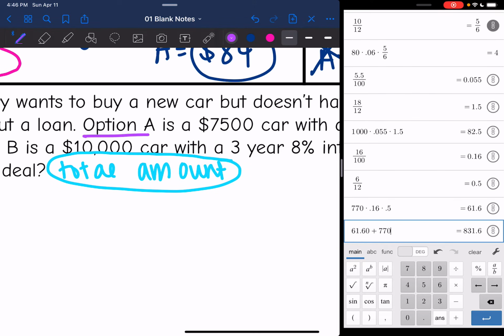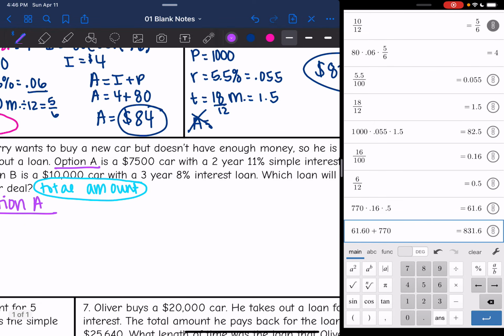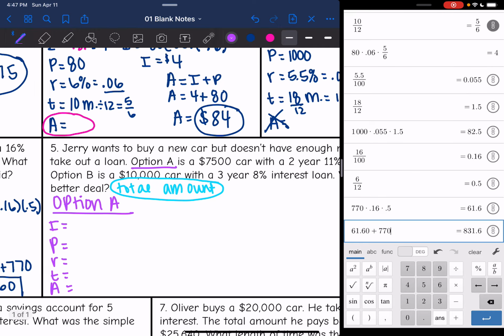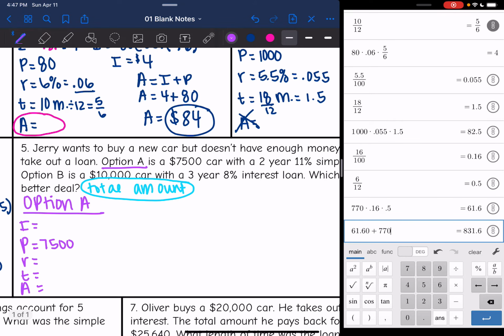Let's start with option A. So option A, I'm going to write out all my variables, I, P, R, T, and then total amount. So option A, the principal is $7,500. And the rate is 11%.